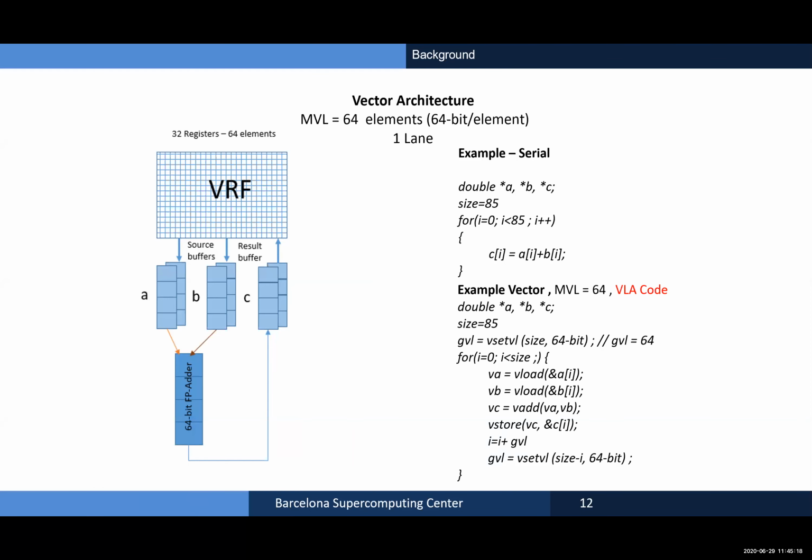Here you see another implementation of a vector architecture, with multiple lanes. So these would be operated in parallel. In this case, you see 4 lanes here. There's also the interconnection between the lanes, because you may want to do operations such as reductions that may necessitate communication between the various lanes.